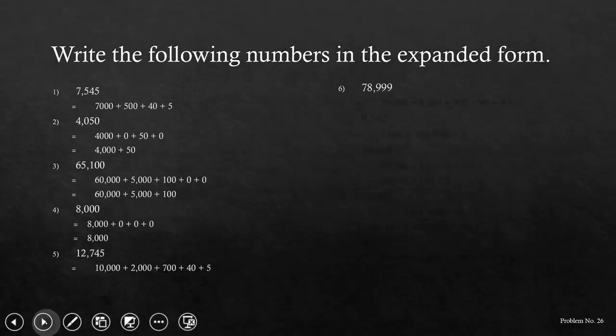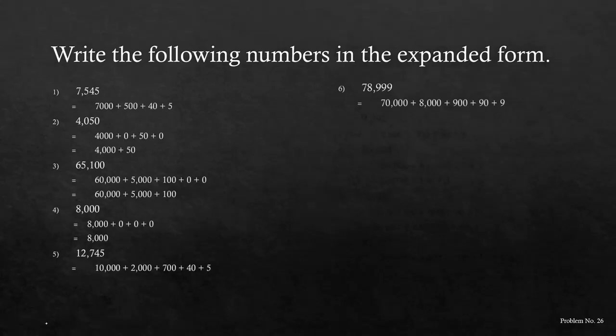The place value of 7 is 70,000, the place value of 8 is 8,000, the place value of 9 is 900, the place value of the next 9 is 90, and the place value of the 9 at the units place is just 9. So 78,999 we can rewrite as 70,000 plus 8,000 plus 900 plus 90 plus 9.